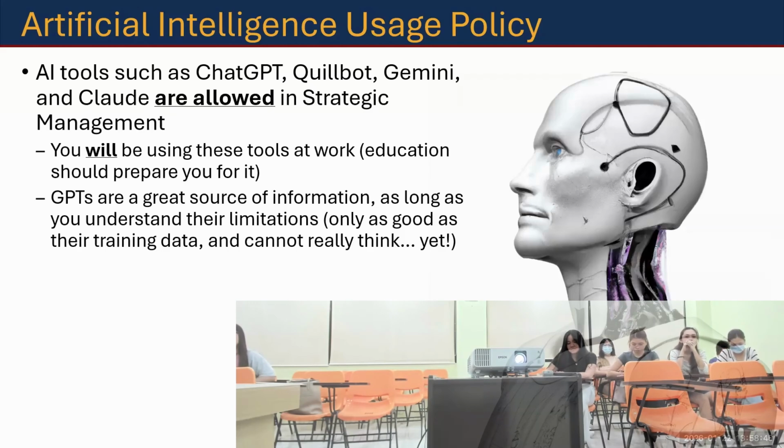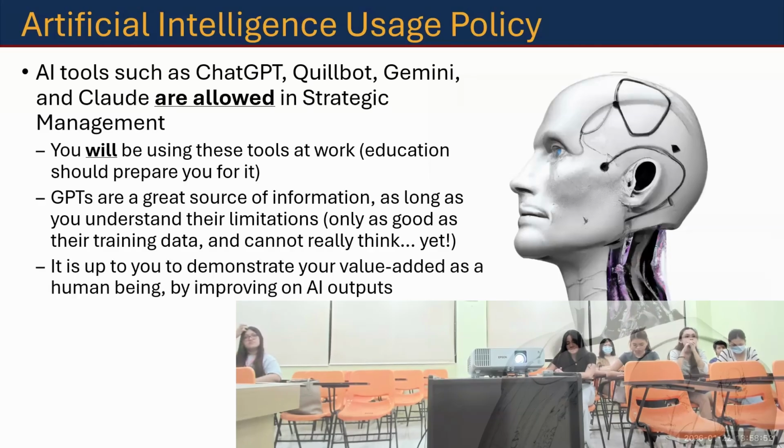you should know what GPT can do and what it cannot. And you, as a human being, must defend your value added, because ultimately when you go out to the workforce, you must also justify, why should I hire you and not just ask ChatGPT, right? What's your value added?